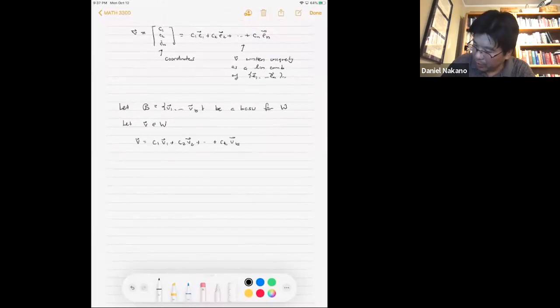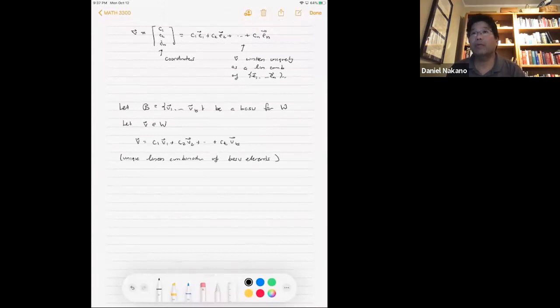Okay, so this is a unique linear combination of basis elements. Whenever you have a basis, you can write your vector uniquely as a linear combination of the basis elements. That follows from linear independence.